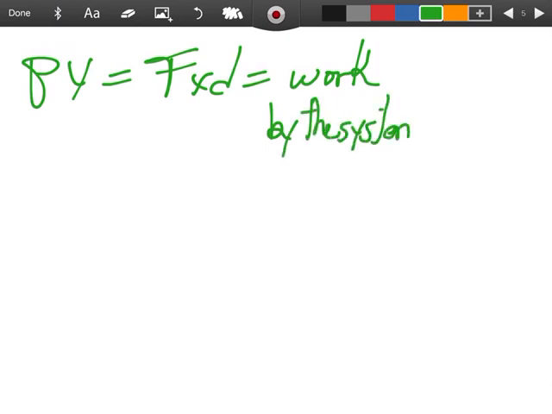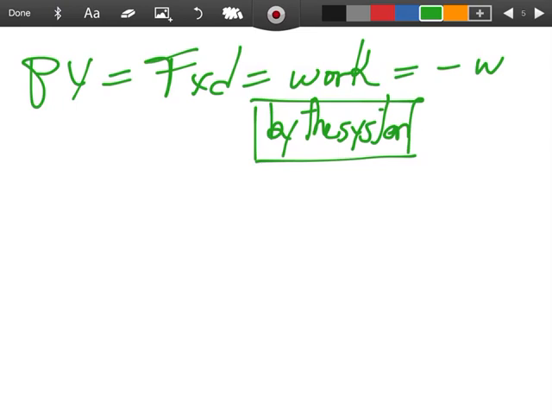So we need to make a direction. In this case, since it's applied by the system, this work is going to have a negative sign. Why negative? Because with the minus sign, I'm saying that it's applied by the system, not towards the system; the work is from the system to the surroundings.